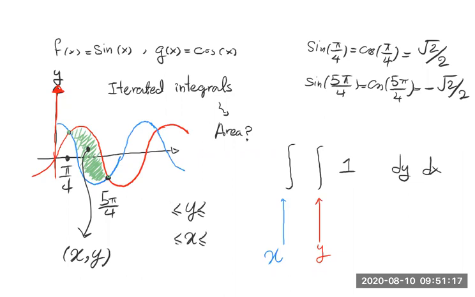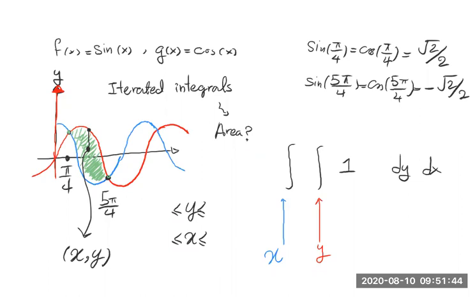Here, what is the maximum y can be? Y can go up until it gets to the red graph. But what does the red graph represent? As you can see, any point in this green region is below the red graph. That is correct.